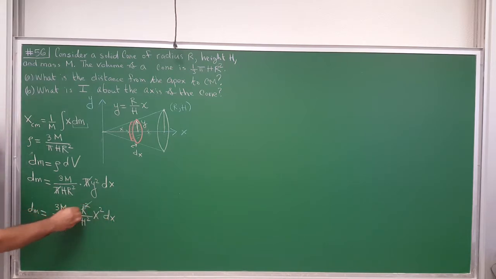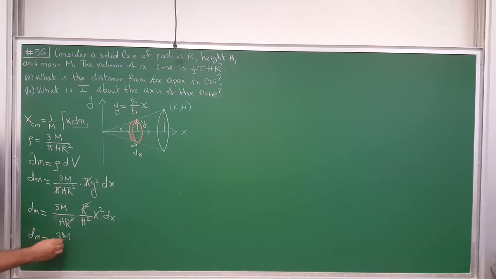The r squared cancels, and h times h is h cubed, so dm for this cone is 3M, capital M, that's a constant, and h is constant, over h cubed, times x squared dx. That's dm. Now we're ready to plug it in here.